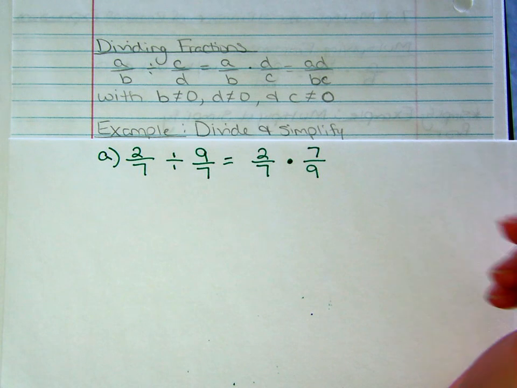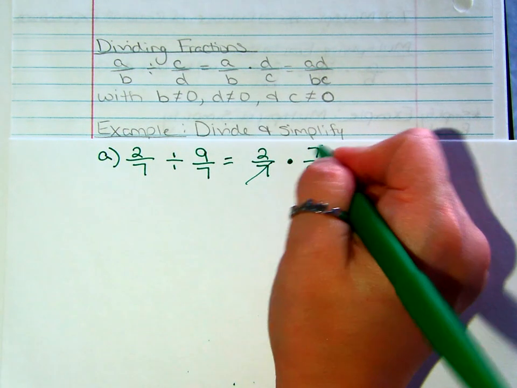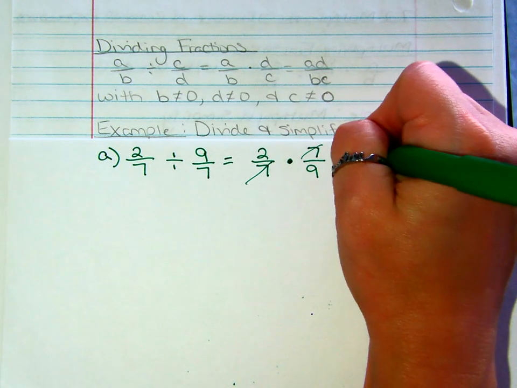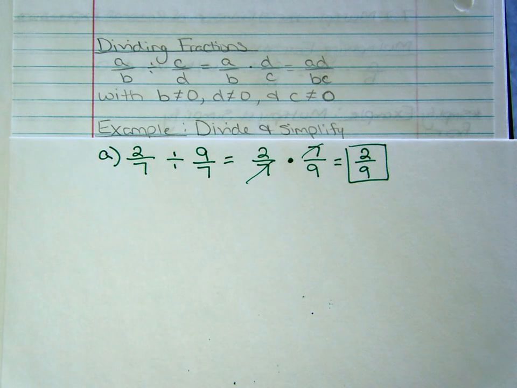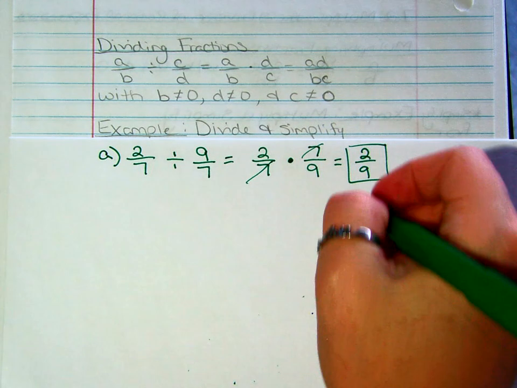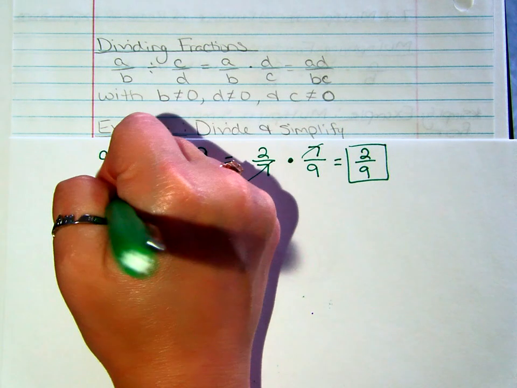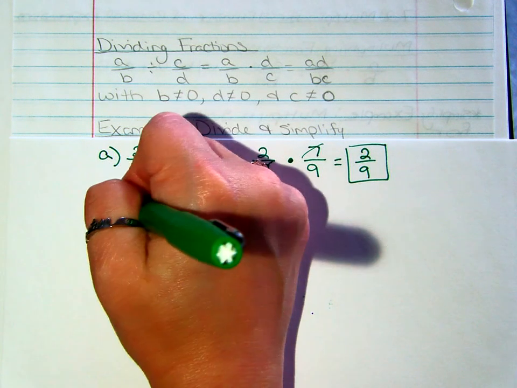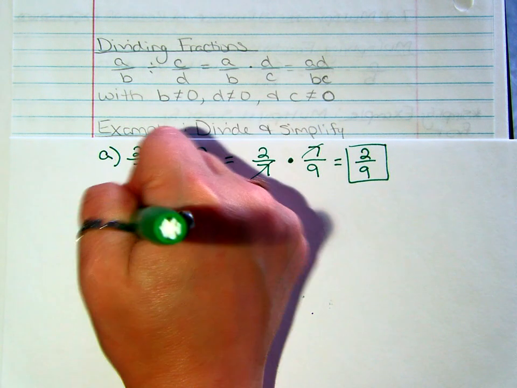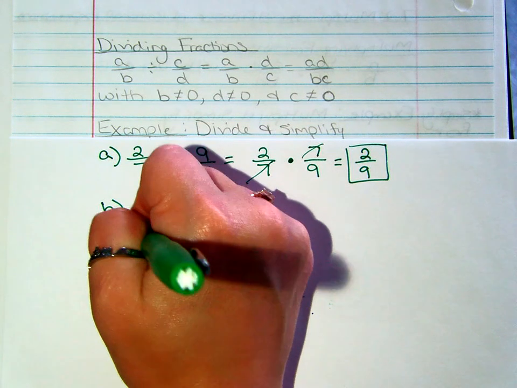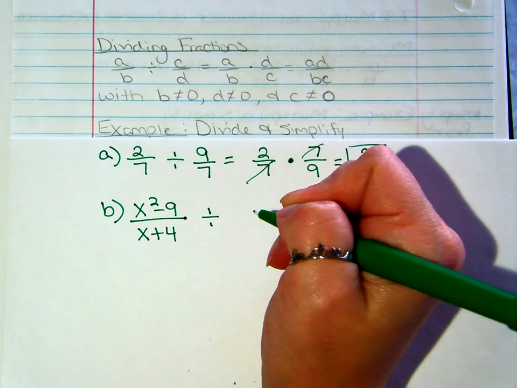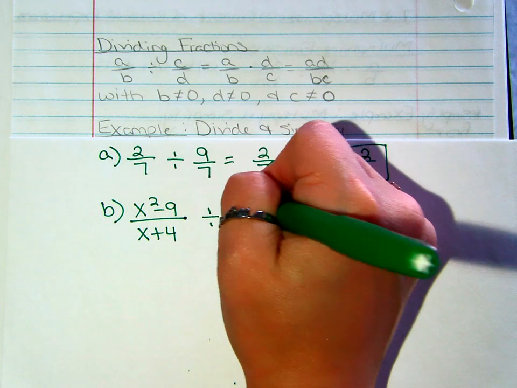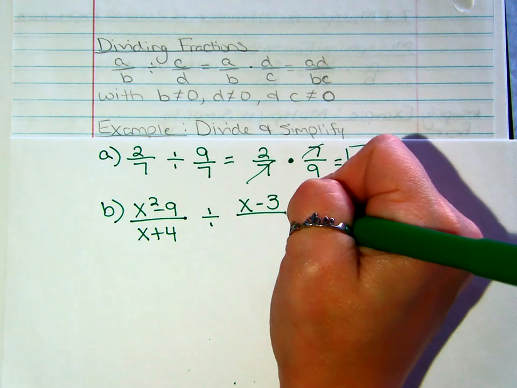It has the 7, so we cancel those out, leaving us with 2/9. And just like with our multiplication problems, a lot of times a lot of stuff's going to factor out and cancel.